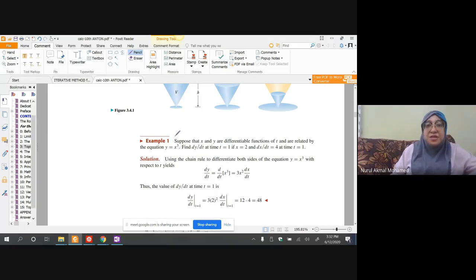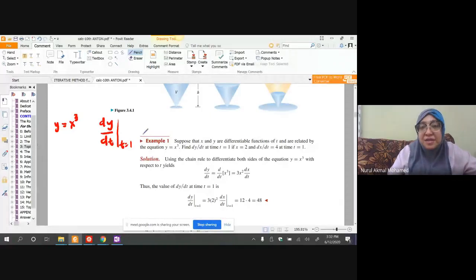So we have equation y equal to x cubed. And then the question asks us to find dy/dt at t equal to 1. So this is the question.